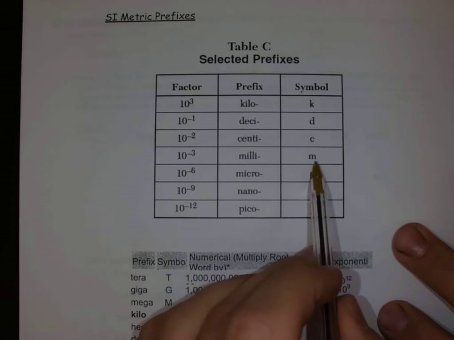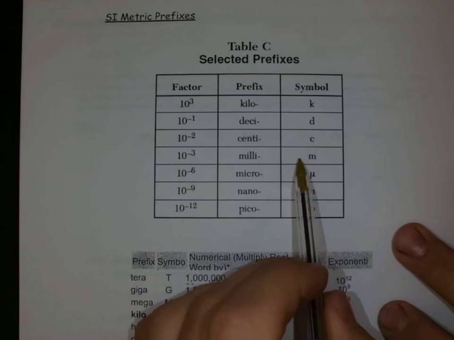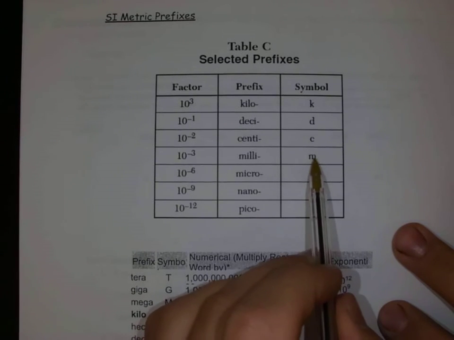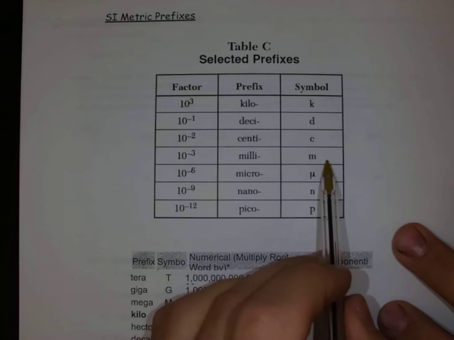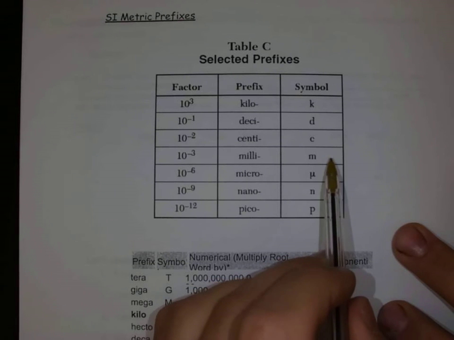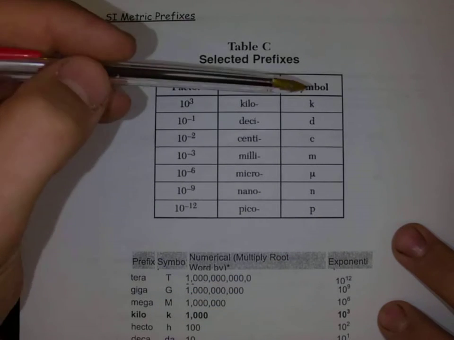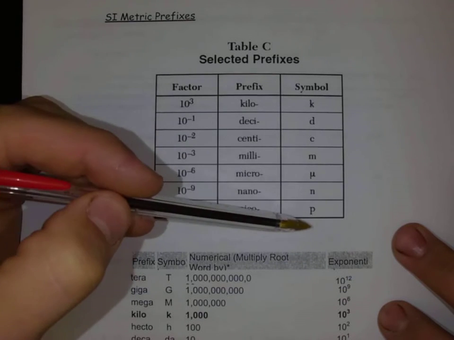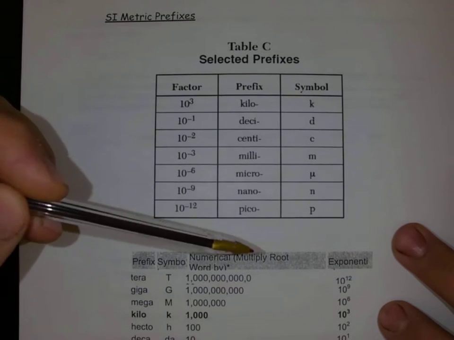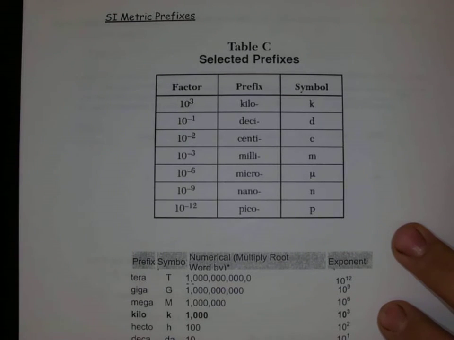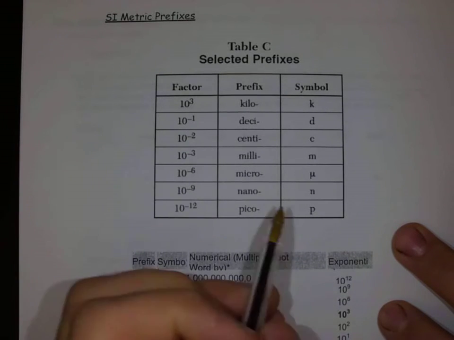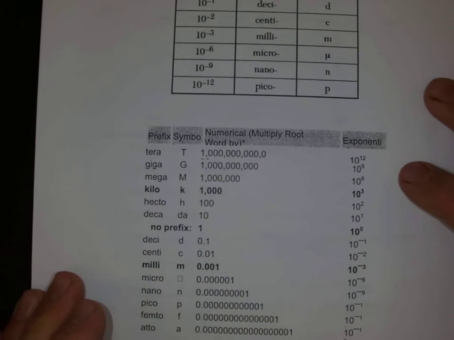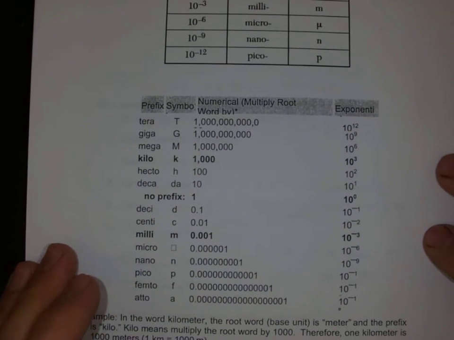You'll notice, one of the ones that oftentimes confuses people is that M here as a prefix is for milli, and then we could have M, which is for a meter, which is the base unit. Okay, so what we will see when we see our symbols, we will have the prefix first, and then the base unit.